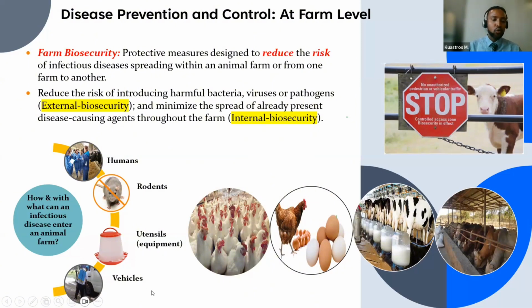Vehicles can also be a way for disease to enter another farm or leave an infected farm for a new farm. So biosecurity is one of the good strategies to mitigate infection, which later on combats AMR.